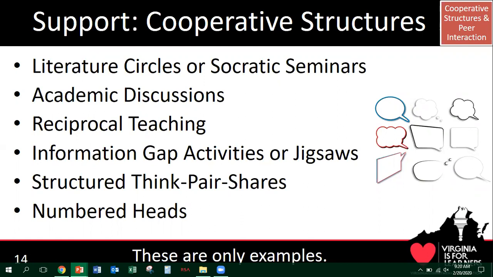It doesn't really matter the age or the ability of the students. Cooperative learning and these structures can be used. They give students a way to learn new communication skills, practice the skills that they have. It gets more students talking and engaged rather than a traditional method of a teacher posing a question to one student and having that one student respond.